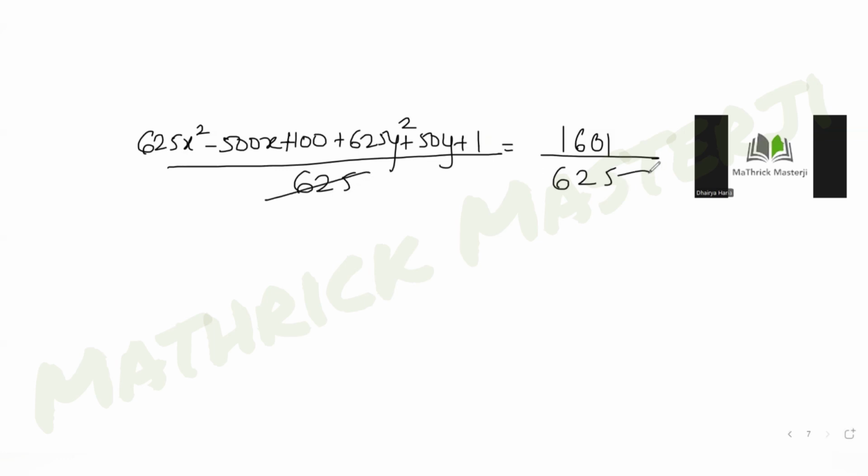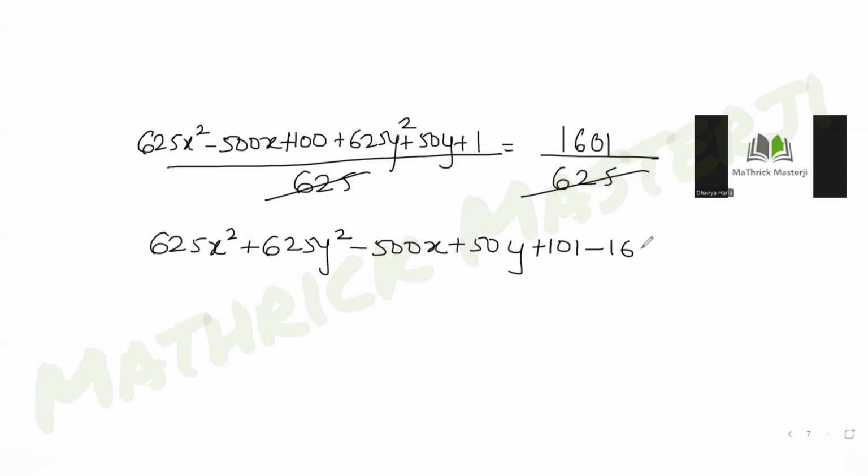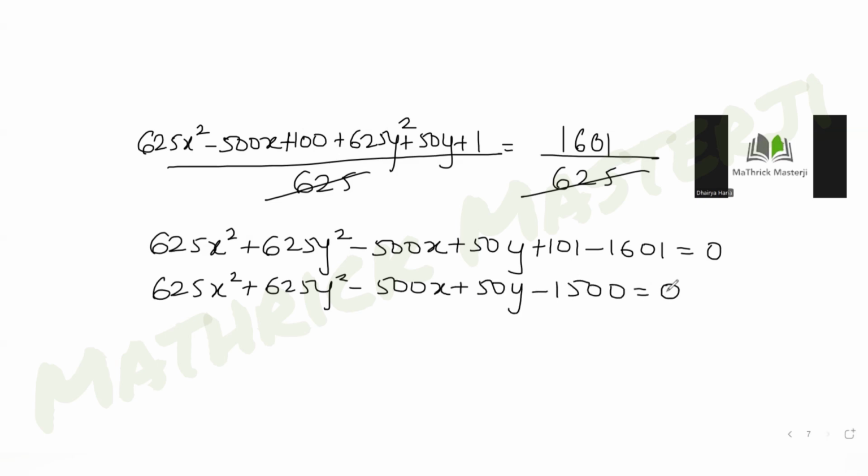So this 625 and 625 cancel. You get 625x square, 625y square as well. So I'm taking x square, y square together, minus 500x plus 50y plus 101 minus 1600 equals 0. So I get 625x square, 625y square minus 500x plus 50y minus 1500 equals 0.